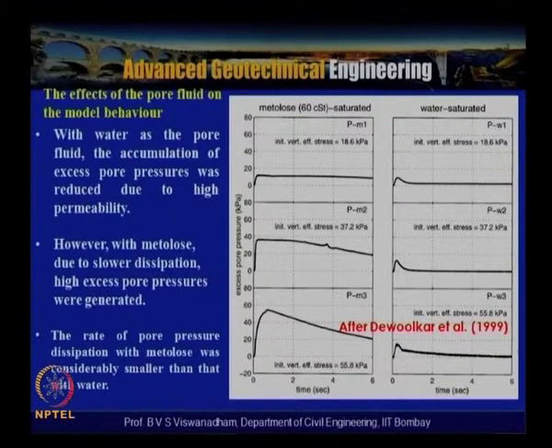So this indicates that the pore water pressure generation as well as the dissipation, particularly the dissipation, was slowed down because of the pore fluid, which has higher viscosity than that of water.